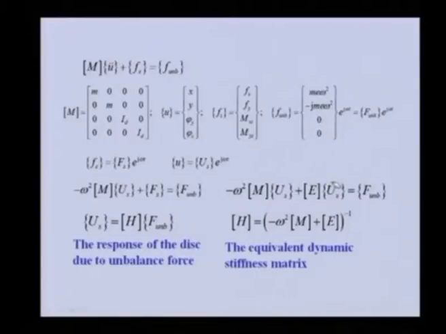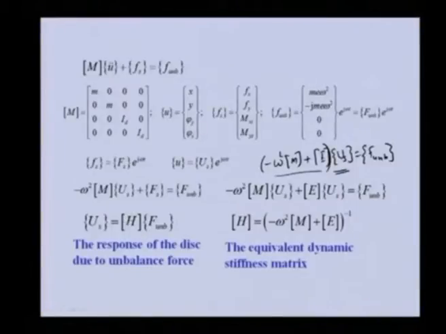Now, you can see the U vector is here also, so we can take that as common. Basically we can write this as minus omega square M plus E, times Us, equal to F unbalance, and to get the Us we need to invert this matrix, which we have done here.